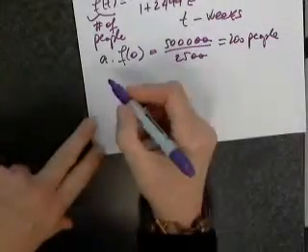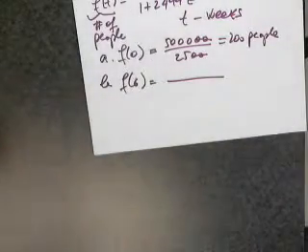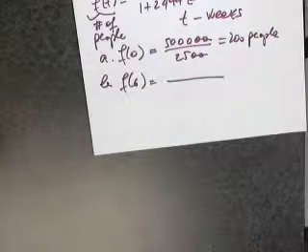Part B, how many people were ill by the end of the 6th week? So f of 6, that I don't know. I have to punch it in. I will not be able to do this in a million years without a calculator.